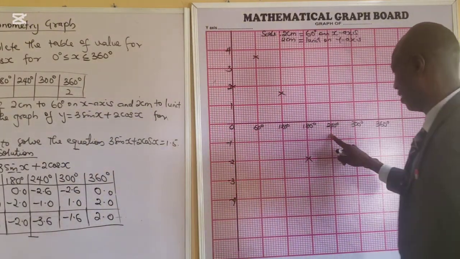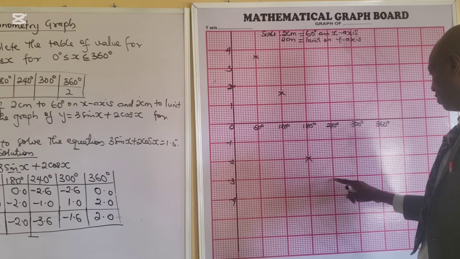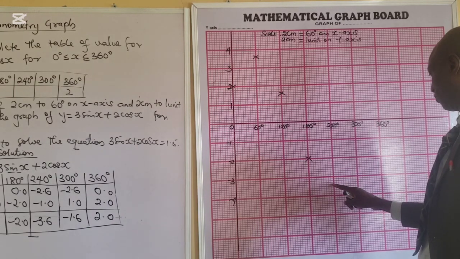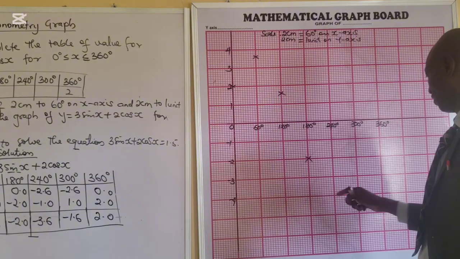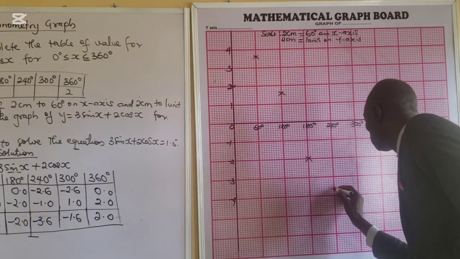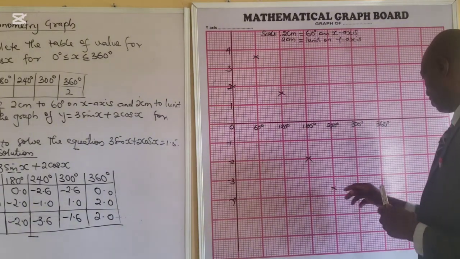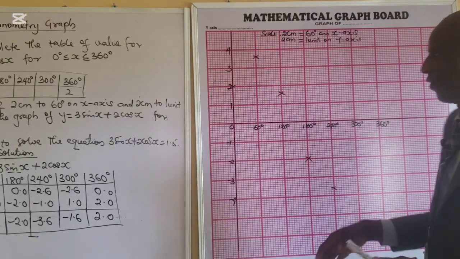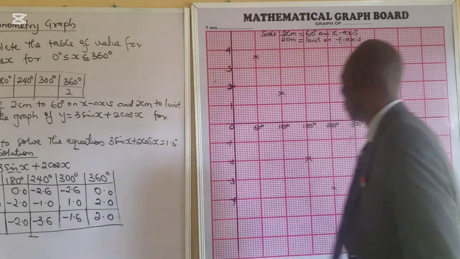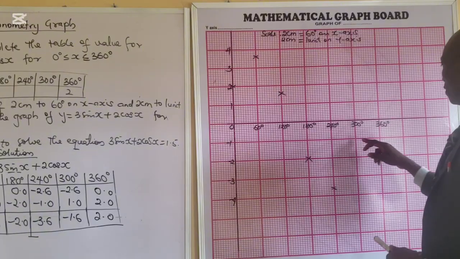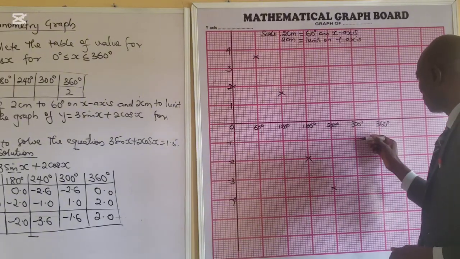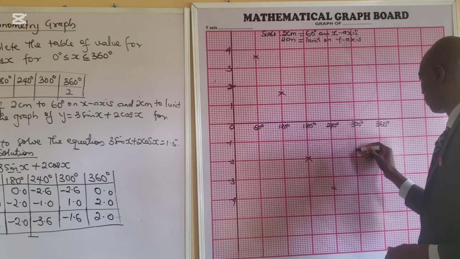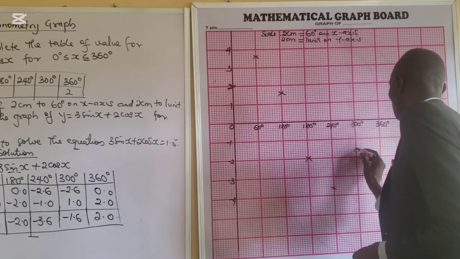Now, here is 3, 3.1, 3.2, 3.3, 3.4, 3.5, 3.6. You mark there. When it is 300 degrees, it is minus 1.6. Here is minus 1, minus 1.1, 1.2, 1.3, 1.4, 1.5, 1.6. So this is the place.